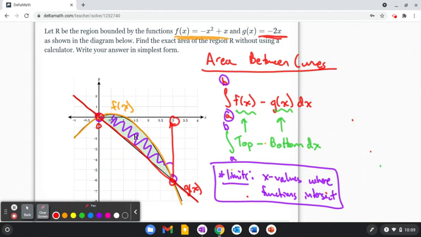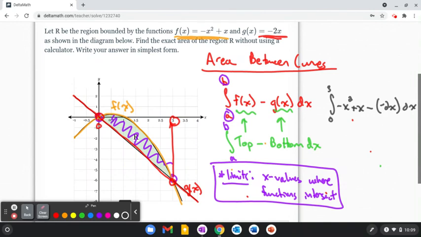The integral from 0 to 3 of f of x, that's negative x squared plus x, minus our g of x. I always put that in parentheses, whether it's a negative in front or not, because sometimes it'll be multiple terms. So it's always good to put the second function entirely in parentheses, because you're going to have to distribute a negative symbol at times.